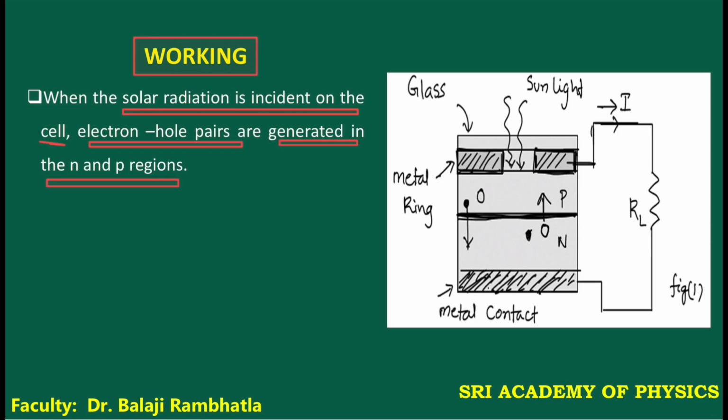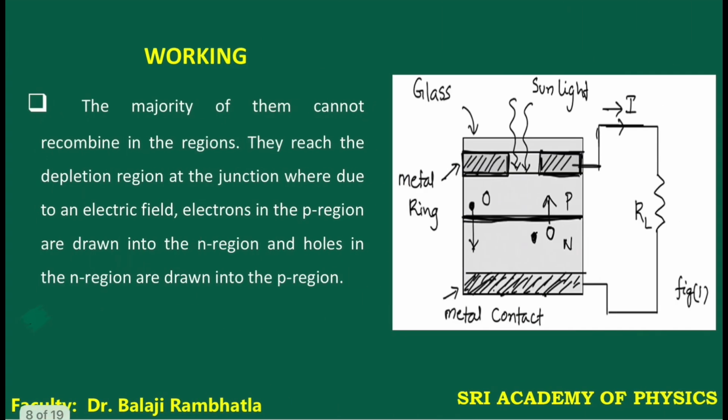When the light is incident on the P region and N region, the holes and electrons are generated in both regions.